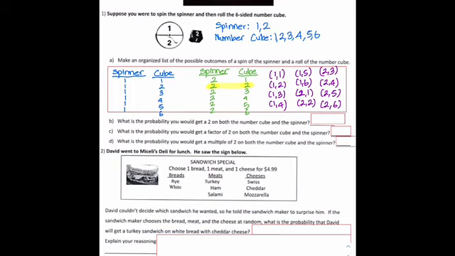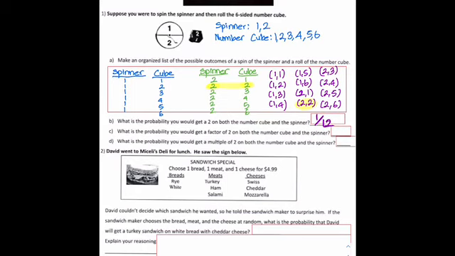If you look at the list of the ordered pairs, I see it also here. So we have 12 possible outcomes, and out of 12, only one outcome would give us the 2 on both the number cube and the spinner. So our answer for B in fraction form would be 1 out of 12.